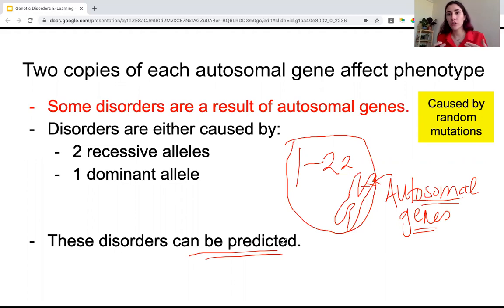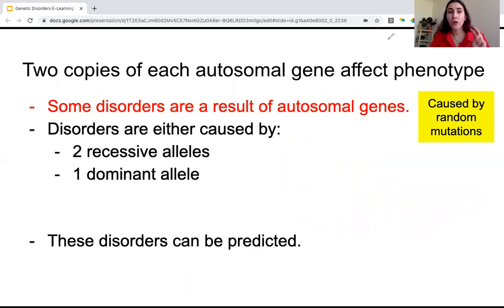They try to figure out if they're genetically compatible, or if their children are at risk for certain genetic disorders. So disorders will be either caused by two recessive alleles or a dominant allele. In other words, these genetic autosomal disorders will either be recessive or dominant.